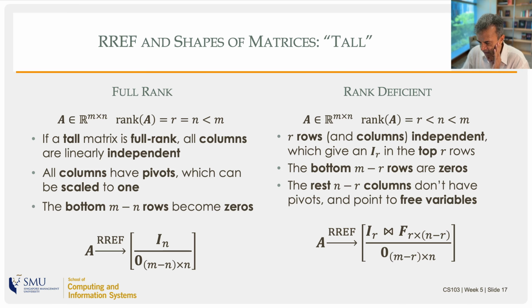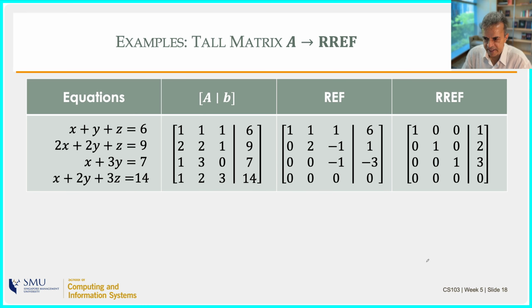So what you will have again is an identity matrix of size r by r, r being the rank, shuffled in with free variables. How many of them? The rank deficiency, which is n minus r. The rest of the rows, m minus r rows, will be zeros. So that is a shape, and these shapes you have to get used to. You have to understand this well enough so that you can reproduce it if I ask you questions like this in exams.